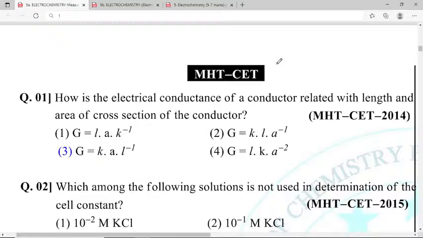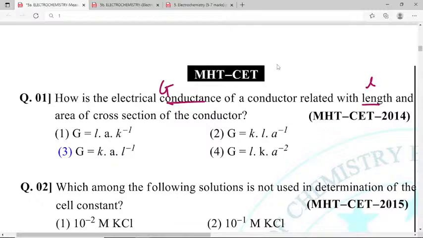Now start the questions from electrochemistry. How is the electrical conductance of a conductor related to its dimensions? Electrical conductance G is related to the length L and area of cross section A. G is directly proportional to the area and inversely proportional to the length.